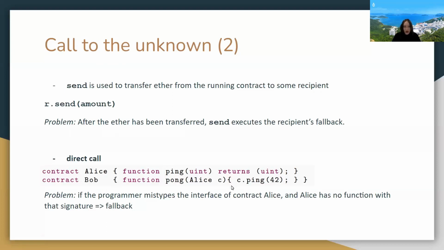Here we also have a problem: if the programmer mistypes the interface of contract Alice, so the interface specified here is not correct, then it might go to the fallback. Or suppose Alice doesn't have the ping function, and it will also go to the fallback.